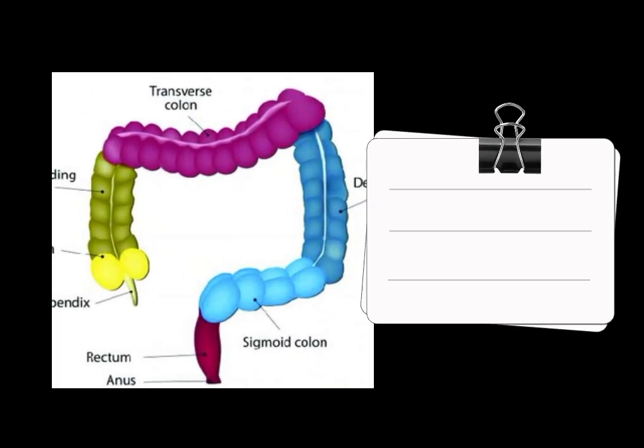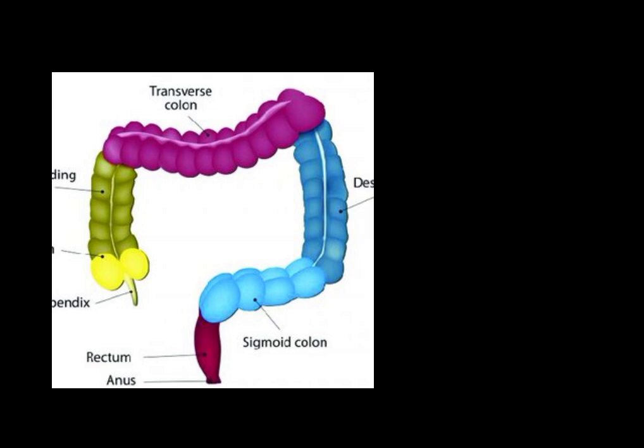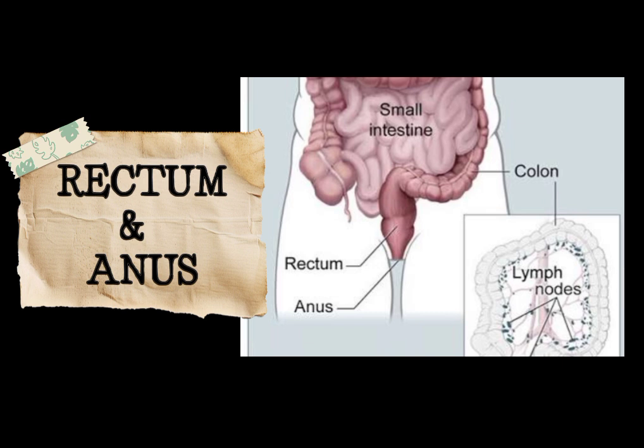So we have here the large intestine. The large intestine absorbs water, electrolytes, and vitamins from the remaining food residue and forms it into waste or stool. Now let's move on to the rectum and anus. But first, let's know what the rectum is and its function.